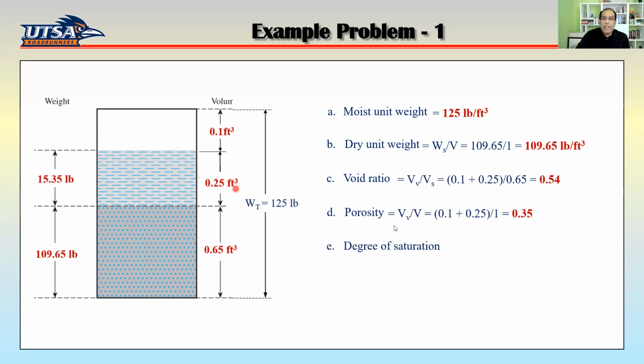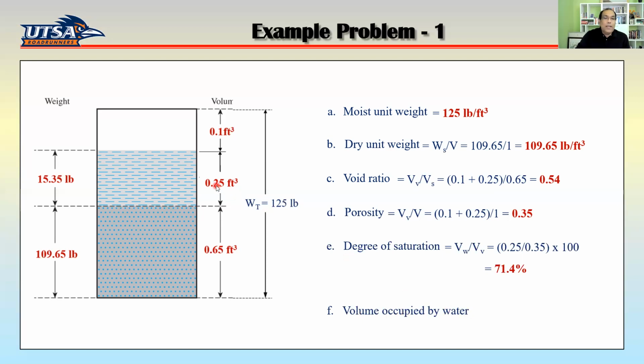So this one is basically VW divided by VV times 100. So 0.25 is the volume of water, occupied in 0.35, that's the total volume of void. So that's basically 71.4%.